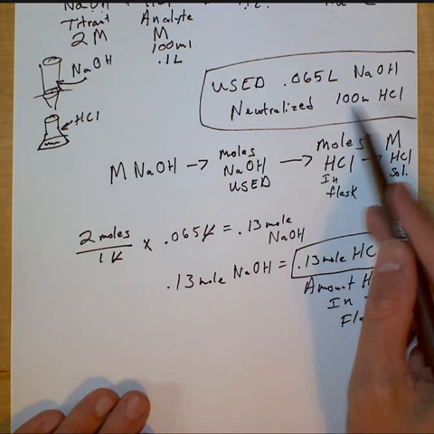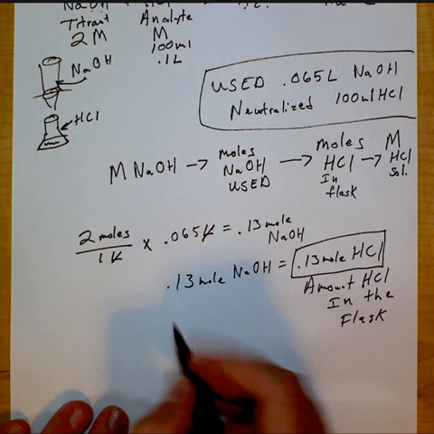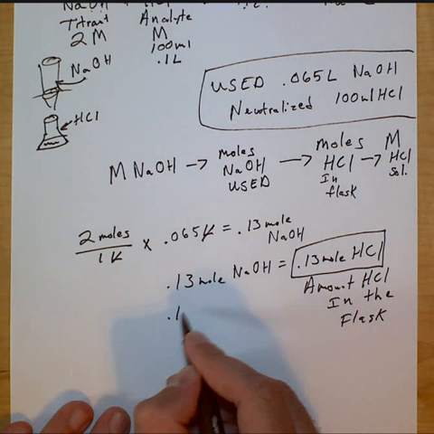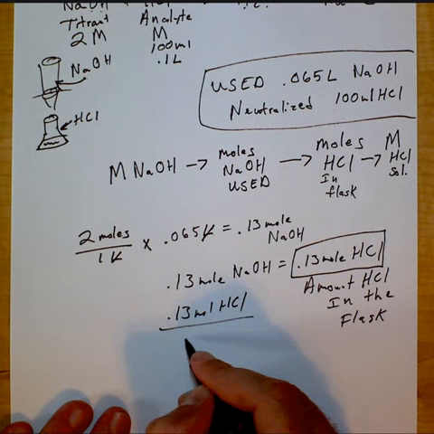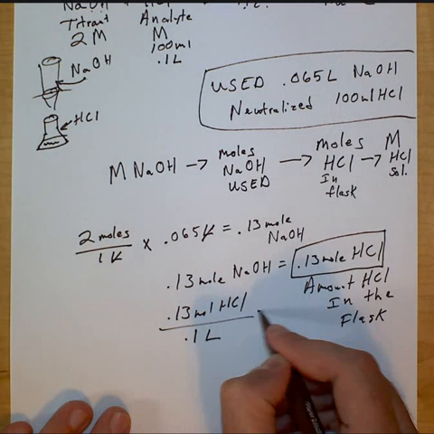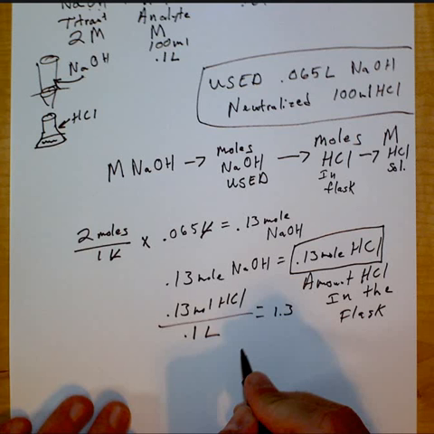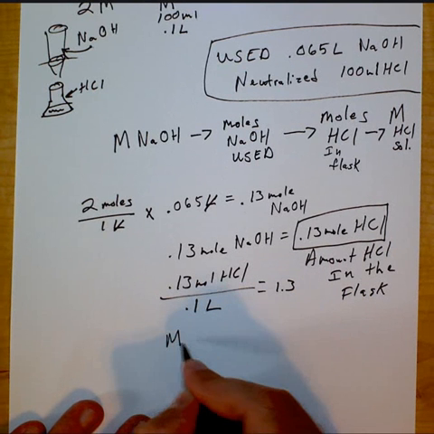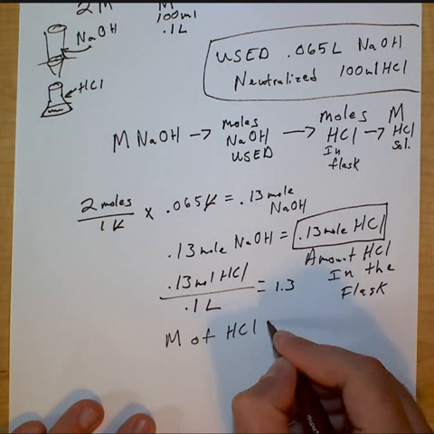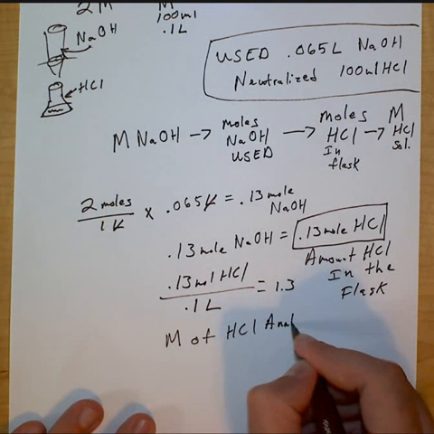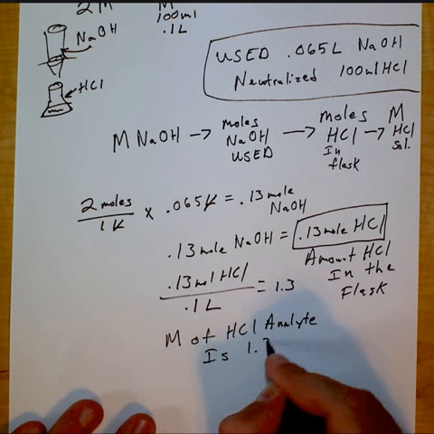I take the 0.13 moles of HCl and divide it by the 0.1 liters, and I get a molarity of 1.3. So to rewrite my answer here, the molarity, big M, of the HCl analyte is 1.3 molar. Box your answer to help everybody out. And there we go. Hope that helps.